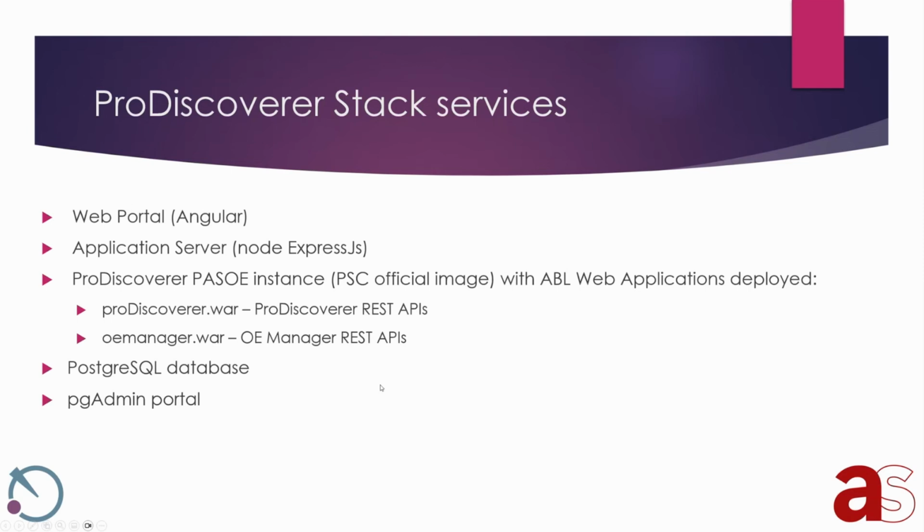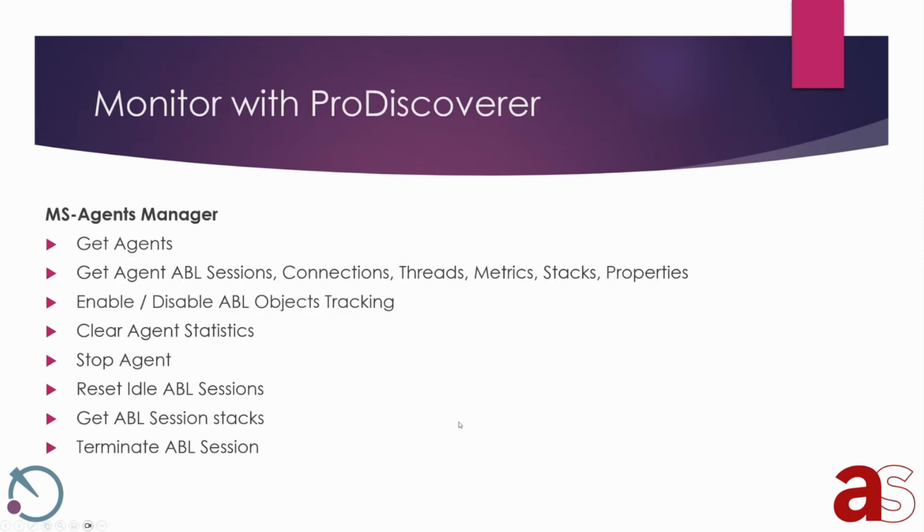We have a Postgres database, and there is also a PG admin portal, a container that starts up as part of the stack, that allows us to do ad hoc queries and work in the database if we need to do things outside of what's managed directly in the UI.